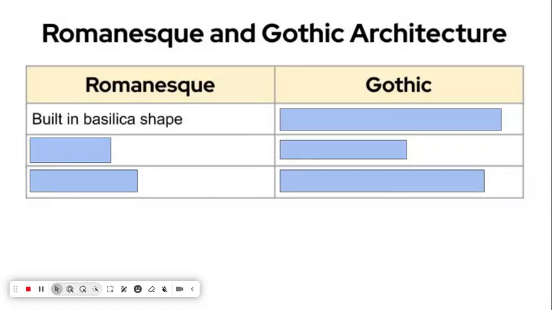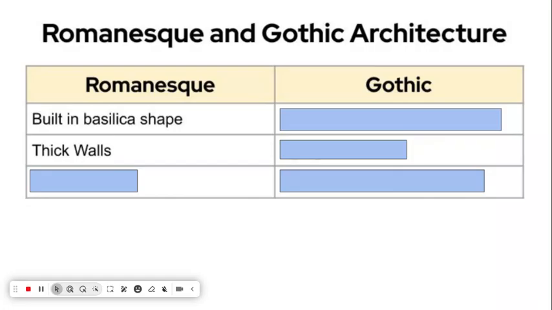In Romanesque design, churches were built in what we would call the basilica shape, which is a more formal setting where you have wings of the church. You might have a place for a number of religious sisters to sit, maybe a place for monks to sit, so that they're not sitting with the rest of the parishioners.